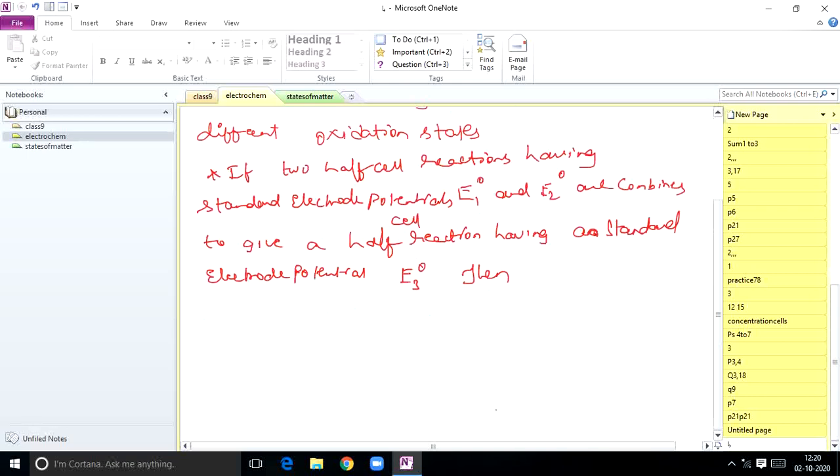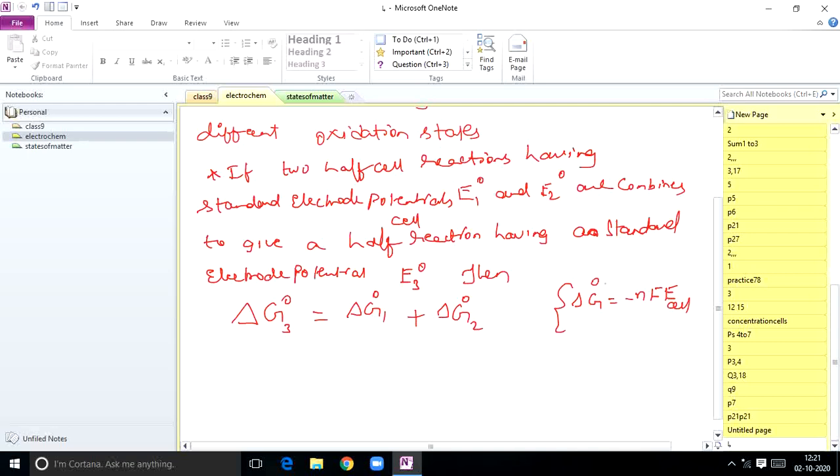If two half cell reactions having standard electrode potentials E1 naught and E2 naught are combined to give another half cell reaction having a standard electrode potential E3 naught, then delta G3 naught, the standard Gibbs free energy change, is equal to delta G1 naught plus delta G2 naught. So you already know students, delta G is equal to minus nFE cell.